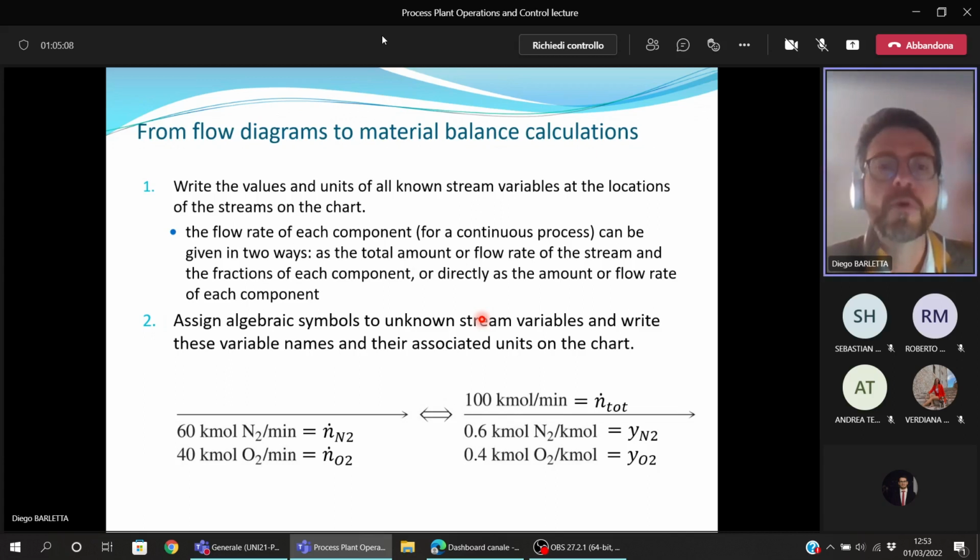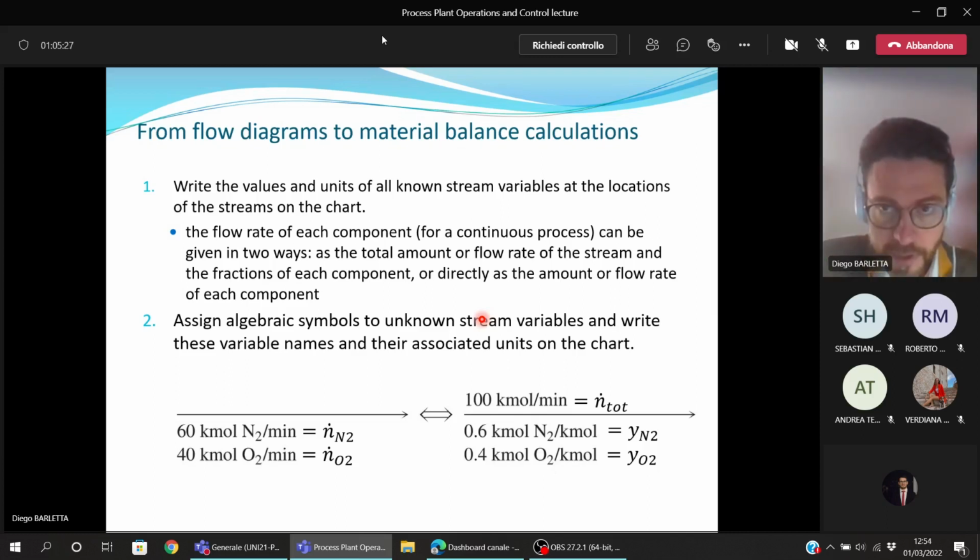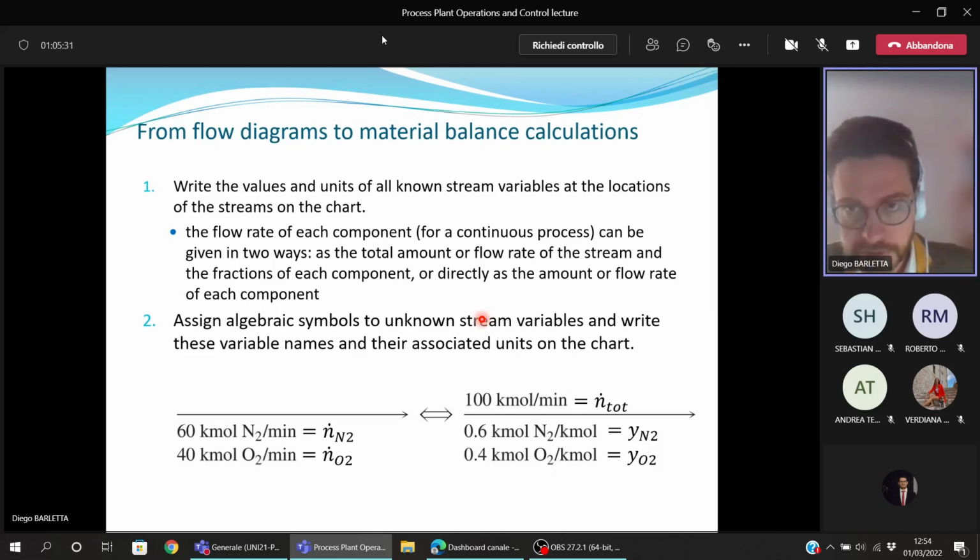The other thing is that we can report the flow rate of each component, in case of a continuous process, in different ways. For example, we can report the total amount or flow rate of the stream and the fraction of the components, or we can report directly the flow rate of each component.